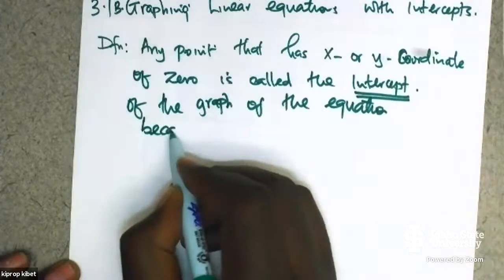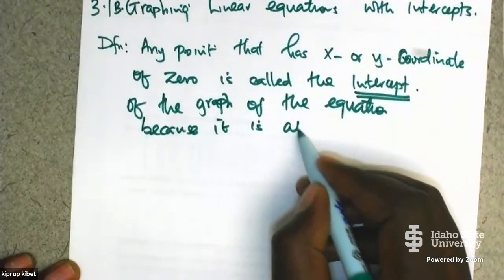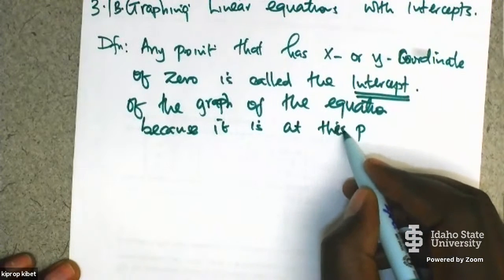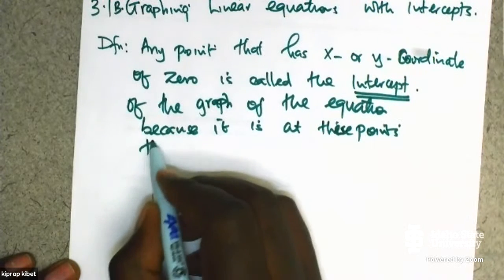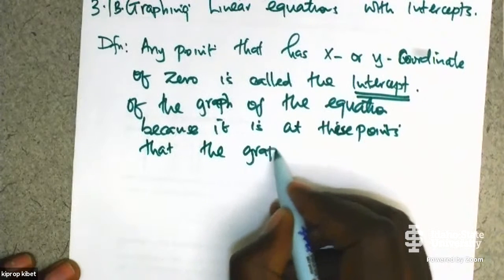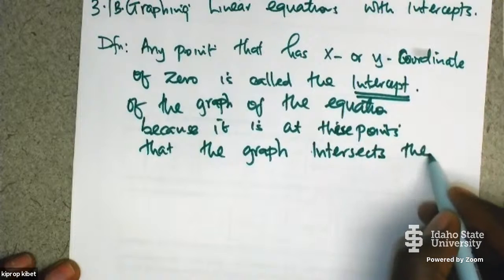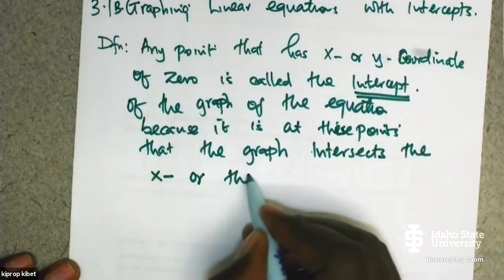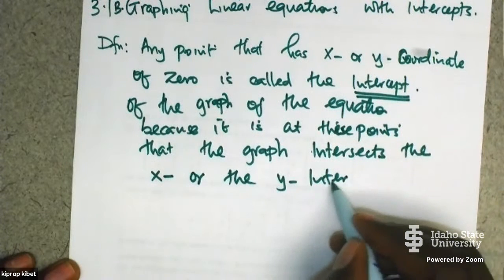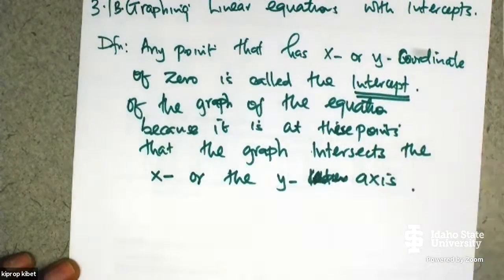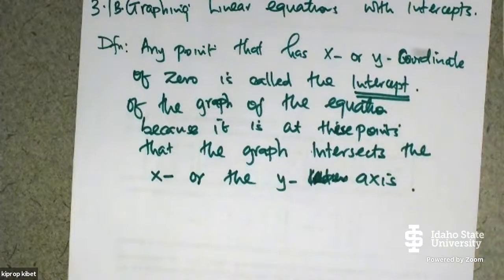Because it is at these points that the graph intersects the x or the y axis.